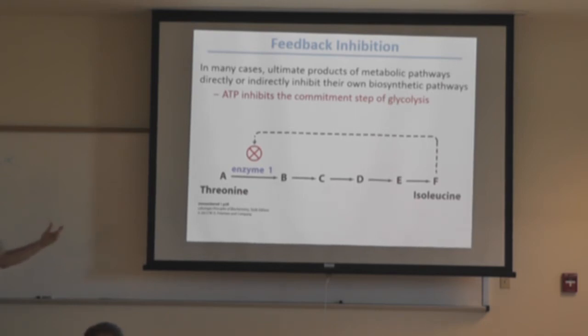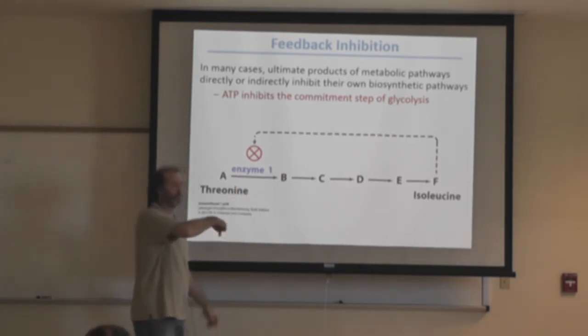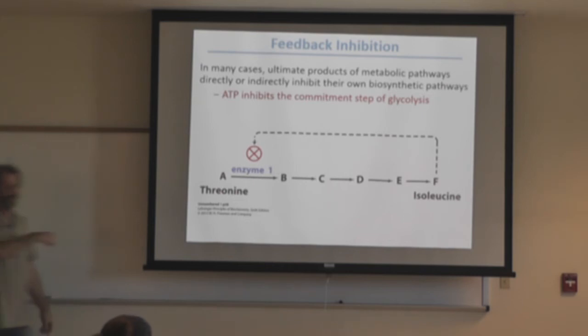ATP. So ATP will inhibit phosphofructokinase 1. Phosphofructokinase 1 is the committed step into glycolysis, not the entry step per se, but the committed step.